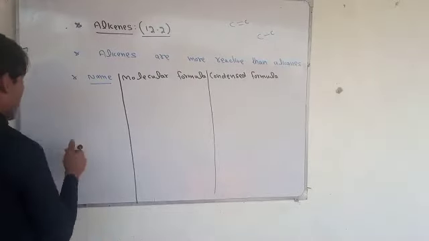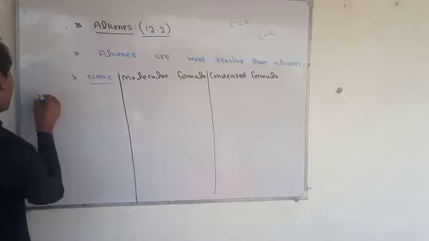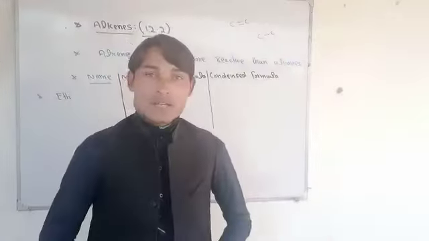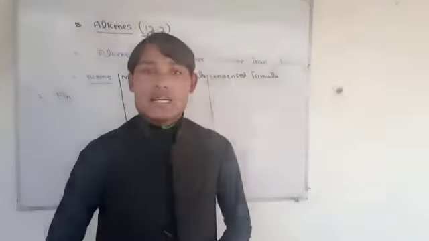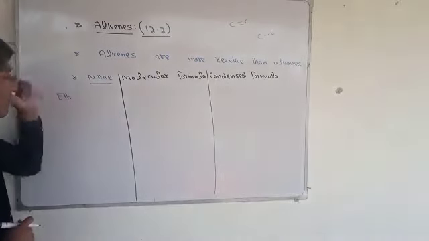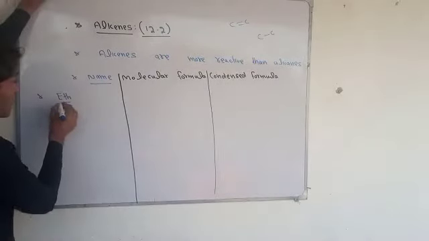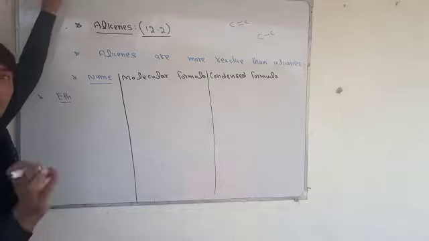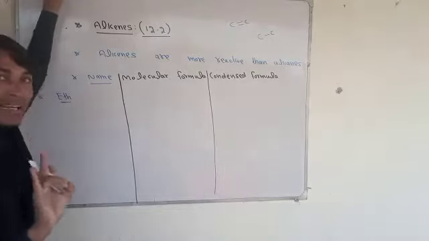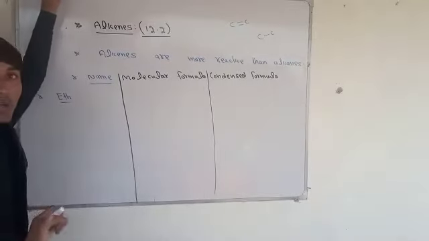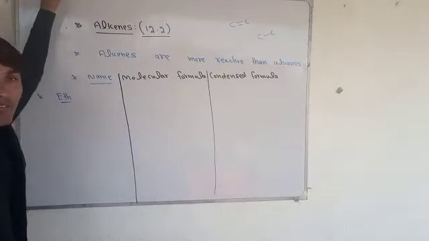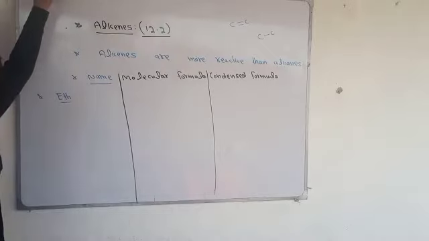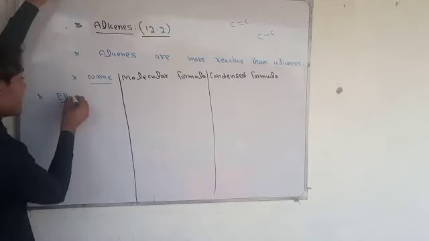The name for carbon number 2 is eth, which is the prefix, and we only need to add the suffix to it. As you have learned in alkanes, carbon number 1 is meth, 2 is eth, 3 is propane, 4 is butane, 5 is pentane, then hexane, heptane, octane, nonane and decane. Here we add eth, the prefix, and we need an E at the end.